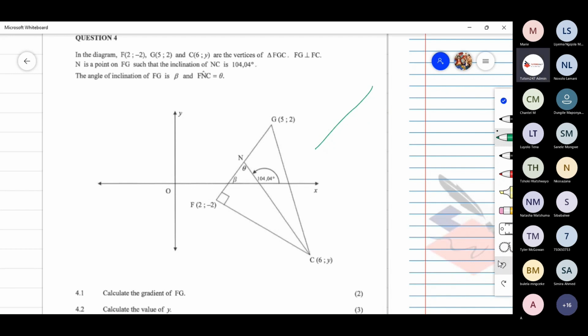Whenever you are dealing with an angle, always create an x-axis. This is known as your horizontal, an x-axis. It doesn't matter whether your x-axis is here or here or here. As long as it is a horizontal x-axis or a horizontal line, that's what you need. You only need a horizontal.